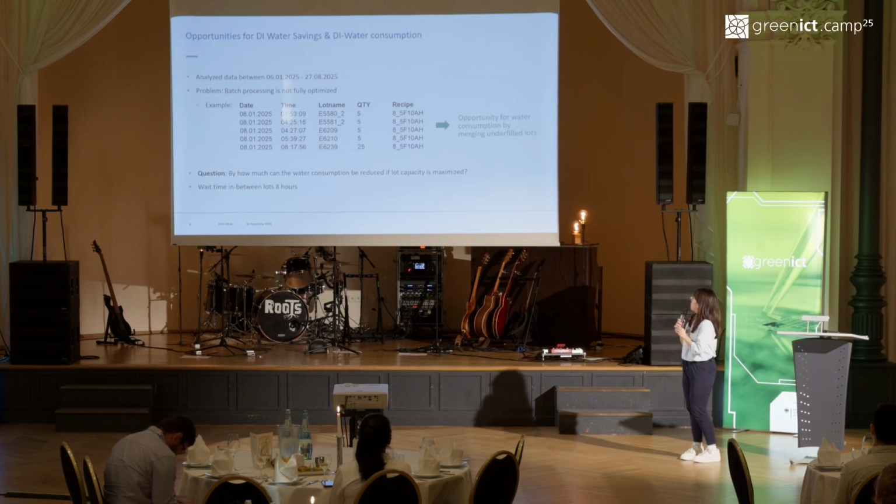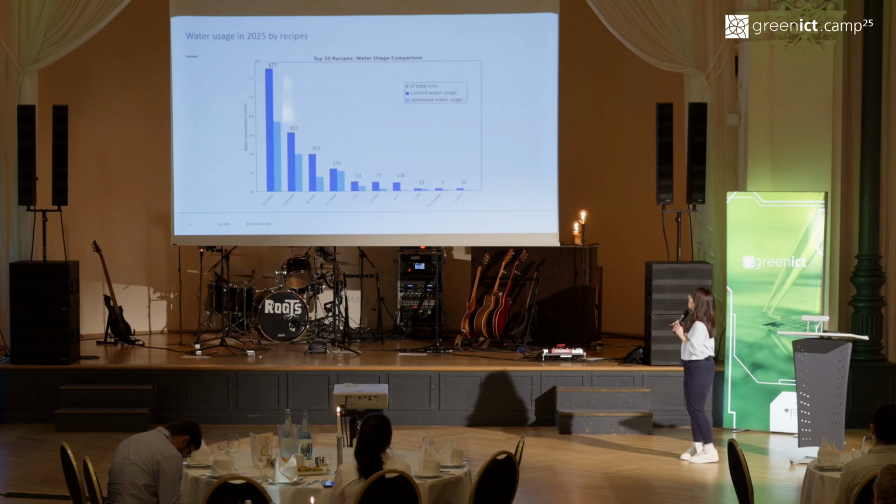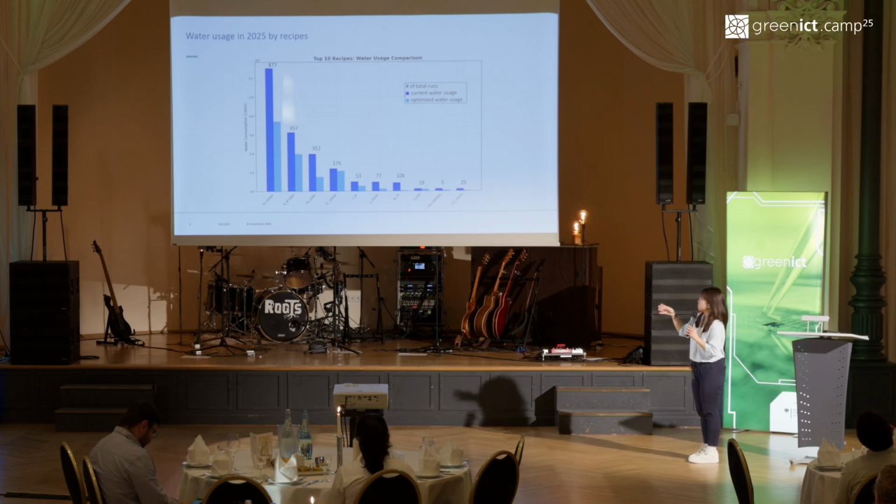So we gave a maximum waiting time between those lots being merged of 8 hours. Okay. Next. And what we found, first of all, we checked the amount of water being used for each of the recipes for the last 8 months.